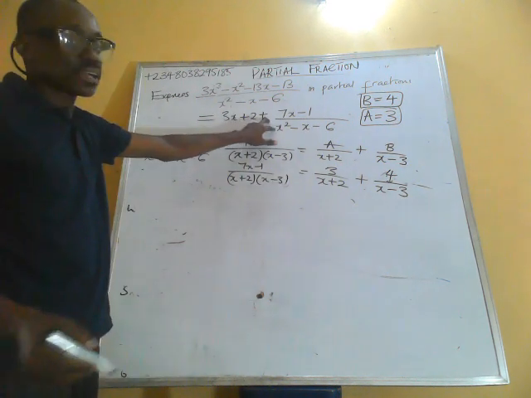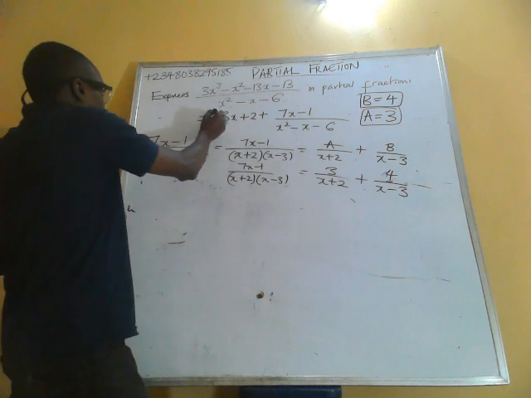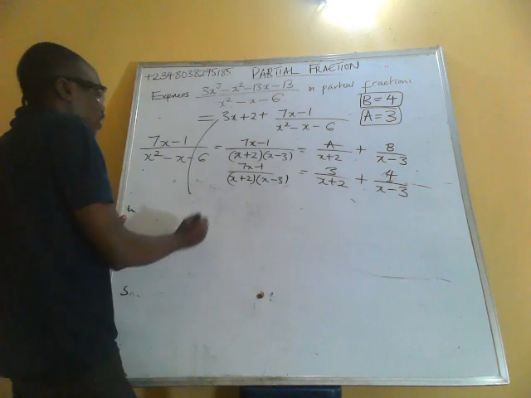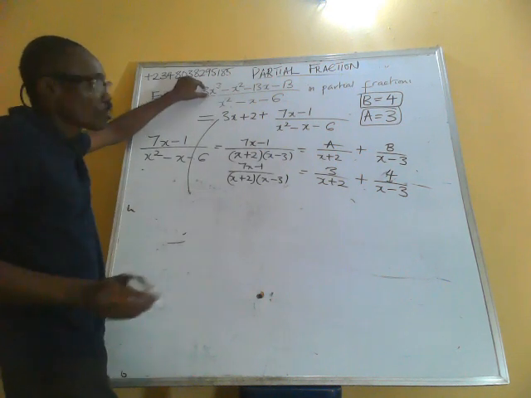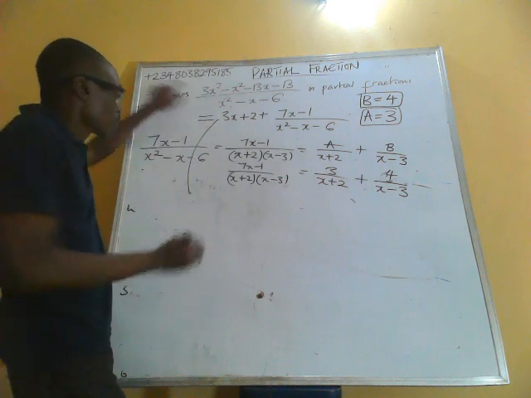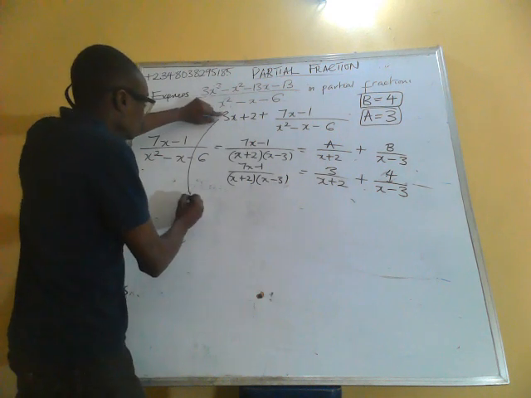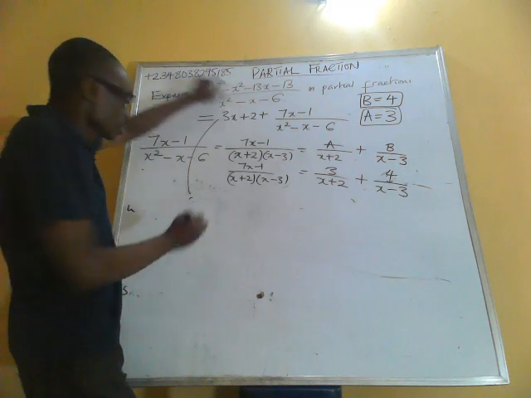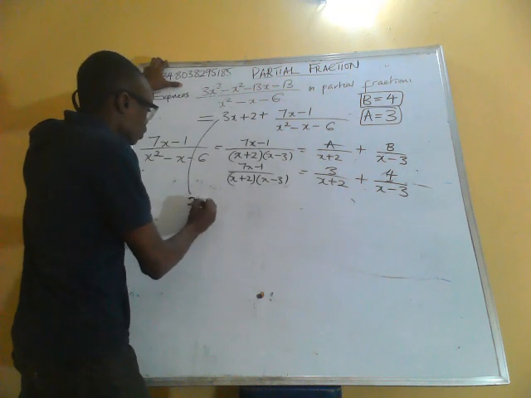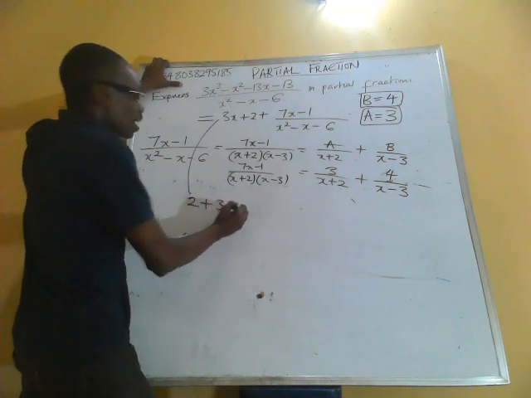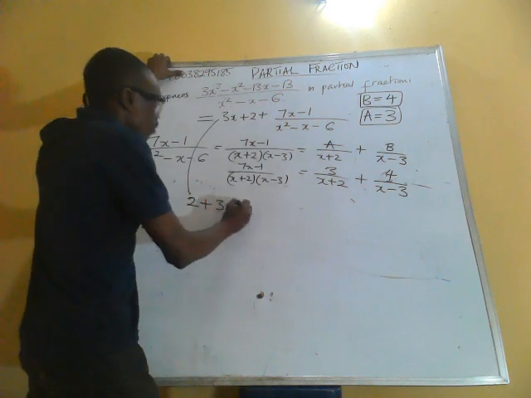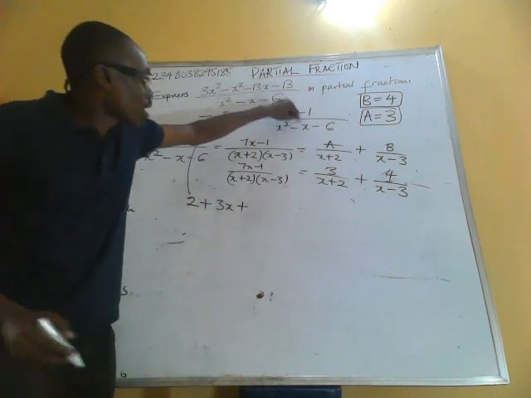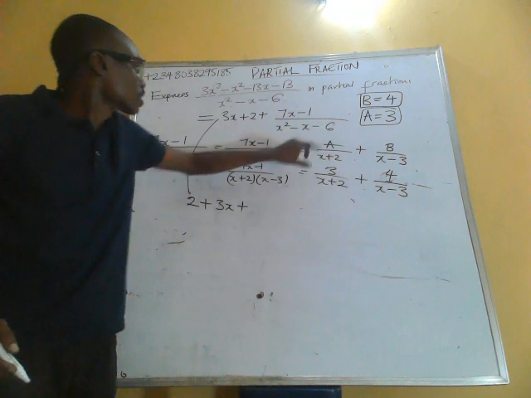So let's go back here. From here, resolving this into partial fraction in this form, let's put the 2 first. So we're going to have 2 plus 3x plus 7x minus 1 over x squared minus x minus 6.